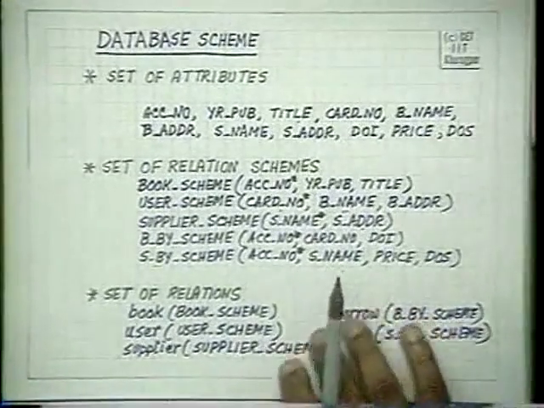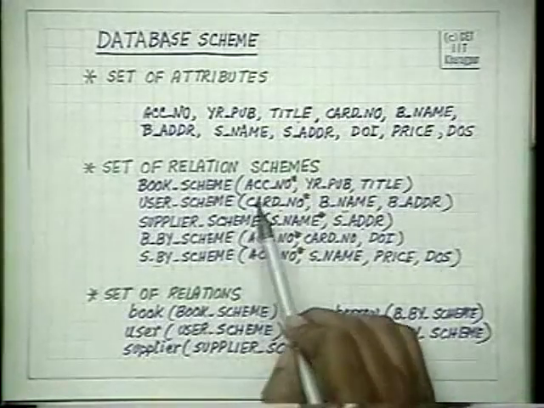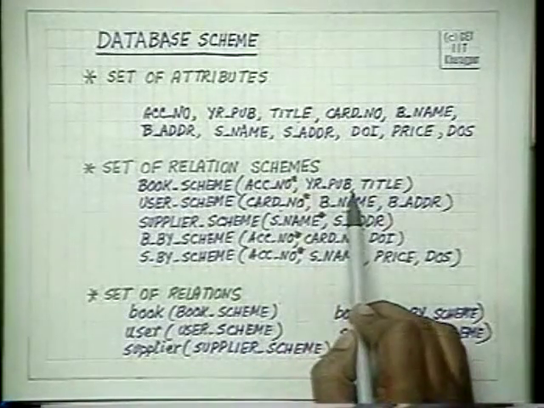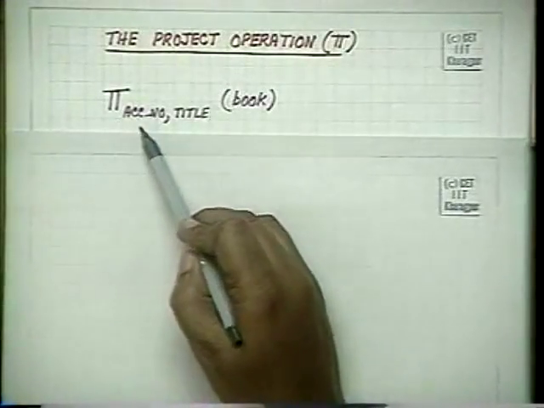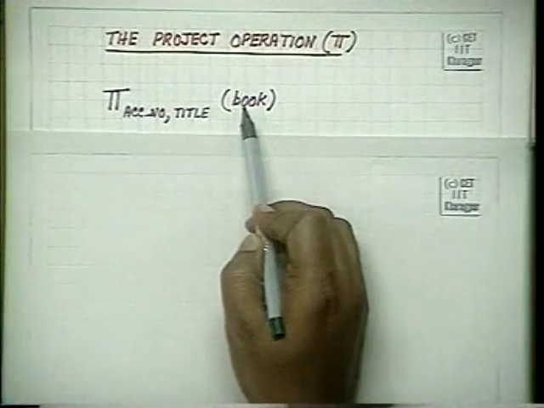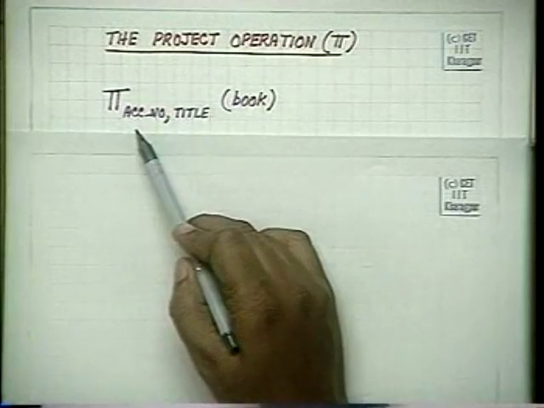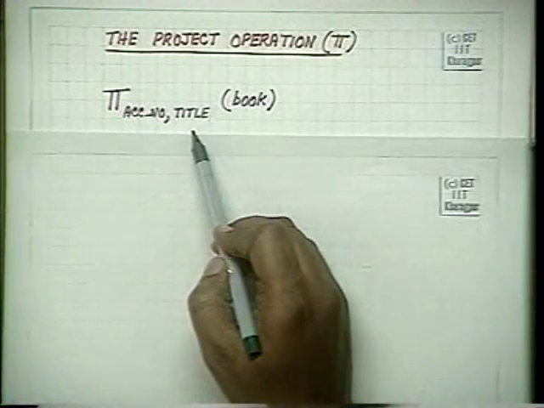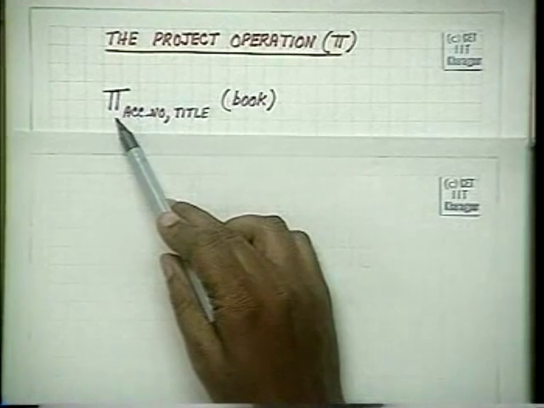We have got the book relation in the book scheme having accession number, year of publication and title. Pi accession number comma title book. This is the formal expression or format in which you write down a relational algebra query using projection.